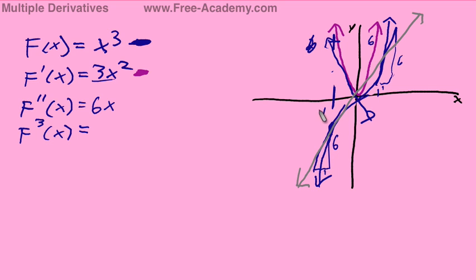At -1, we get a slope of -6. It goes back 1, up 6. So this line follows. And we're starting to get into a bit of a mess here.